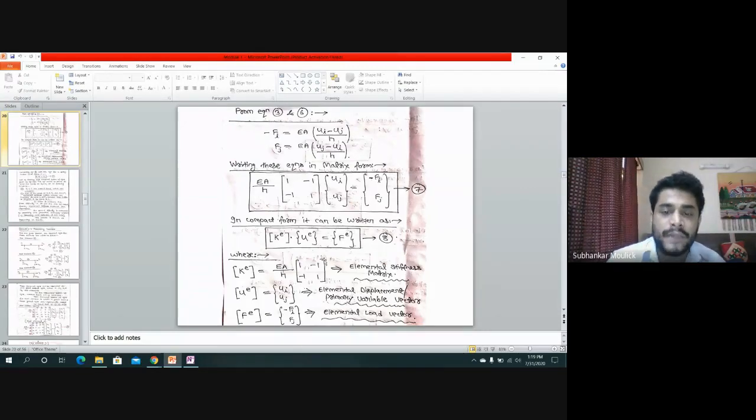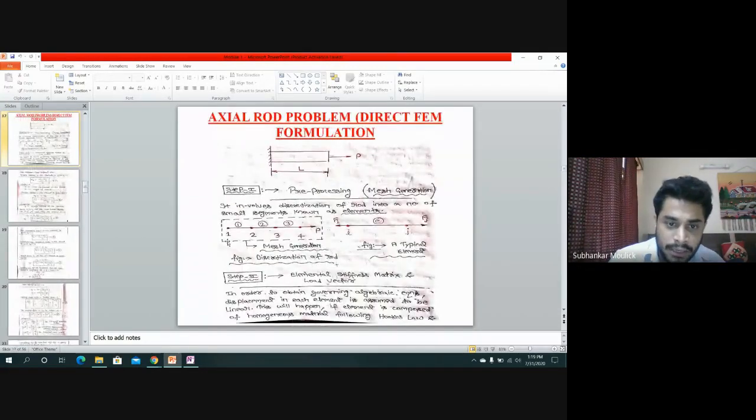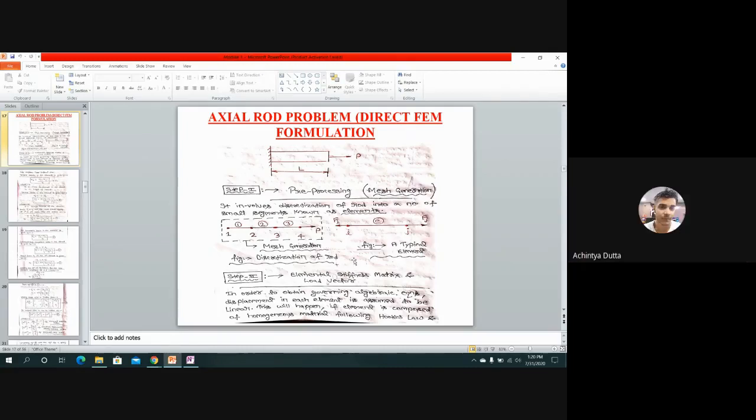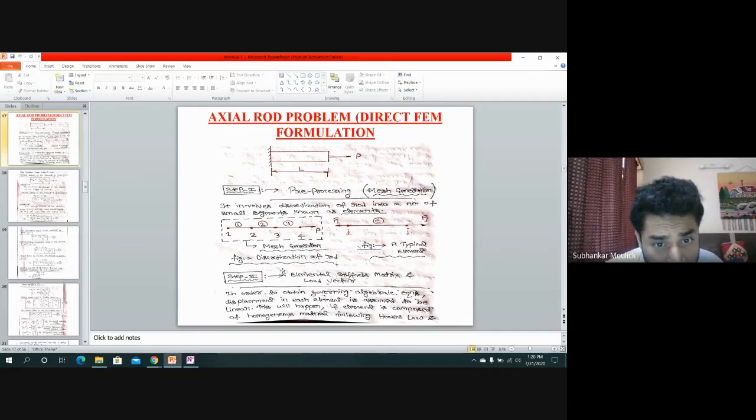That means altogether, at node number 1 the displacement is u1 along the positive x direction, for node number 2 the displacement is u2, for node number 3 it is u3, and for node number 4 it is u4. That means I have to find out u1, u2, u3 and u4 in this problem. Sir, node 1 won't have any displacement. Yes, node 1 is not having any displacement. That means the value at node 1 is 0.